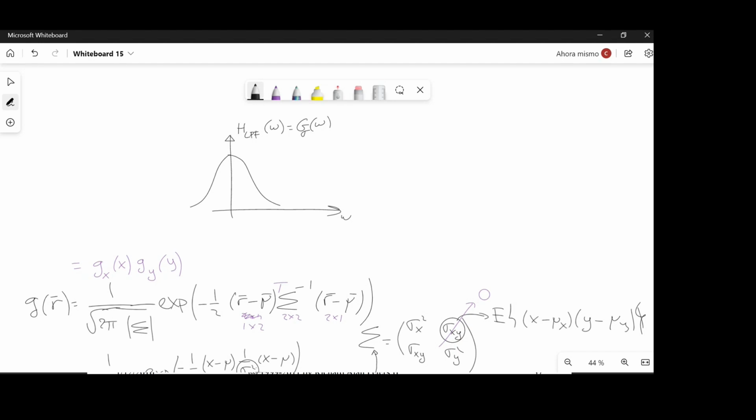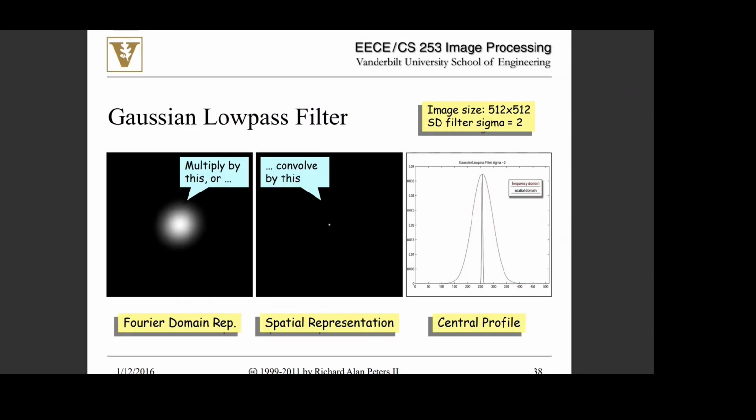That means that the low frequencies can go through, but the very high frequencies cannot go through because they are multiplied by something that is close to 0. So we blur the image. And if you make the Gaussian larger in one domain, it will be narrower in the other. So this one will blur less.